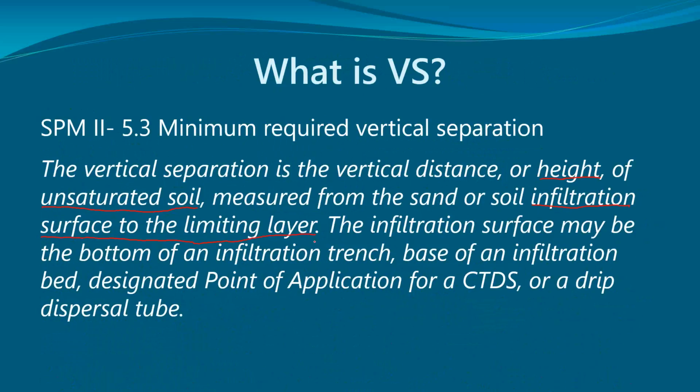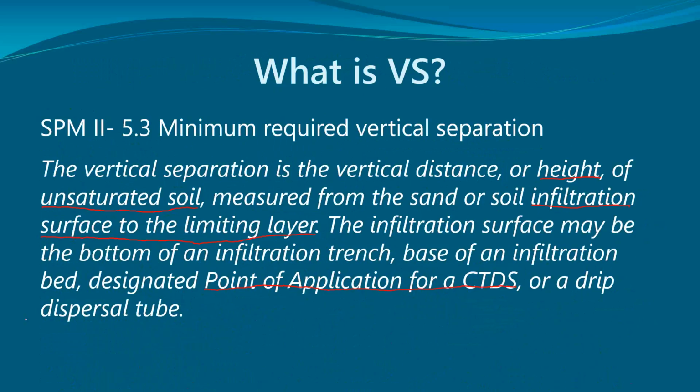Infiltrative surface is typically the bottom of the trench or the bed. It's not the surface grade or the original grade of the site unless the infiltrative surface happens to be on the surface. So typically it's the bottom of a trench, base of a bed, the point of application for a CTDS, not underneath the fabric or the peat or whatever, but rather at the point of application defined by the manufacturer, which is often underneath a foot of sand.